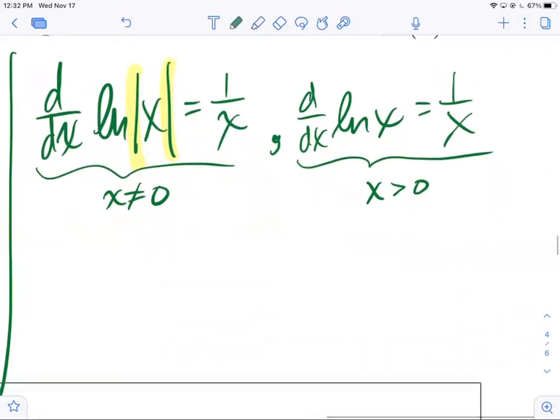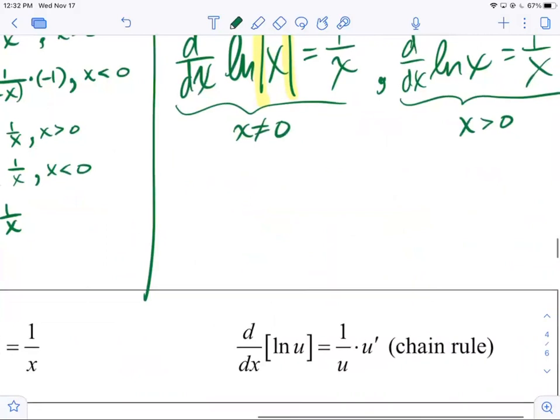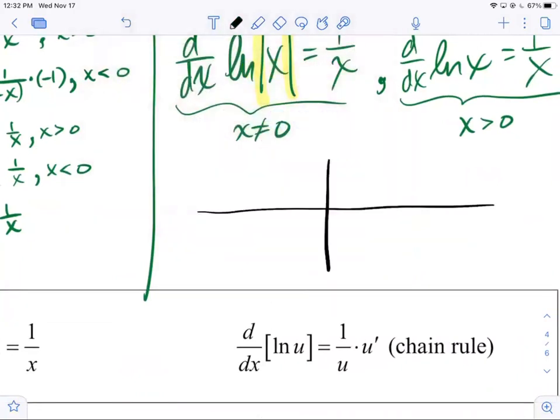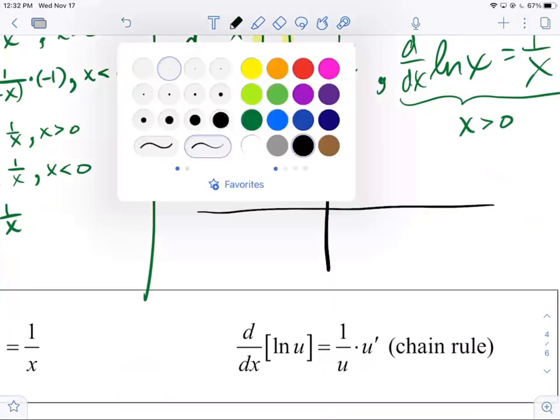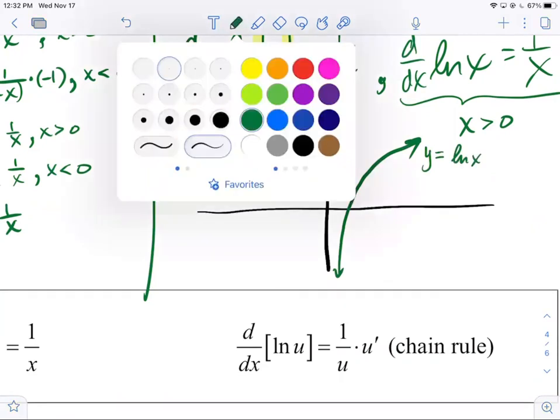Well, let's see if that holds true then for the graph, right? Let's go ahead and do this now one more time. Let's go ahead and graph natural log of x right here. And let's sketch its derivative. We'll call this y equals the natural log of x. And then let's choose the derivative to be purple.